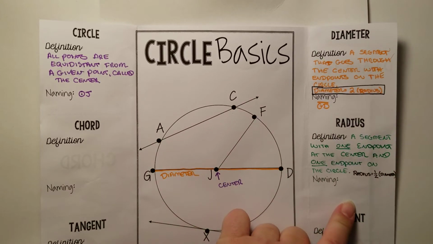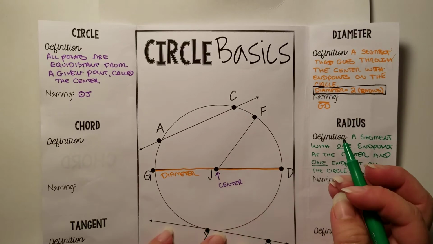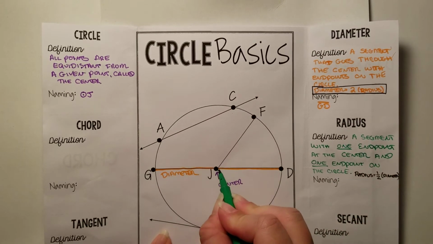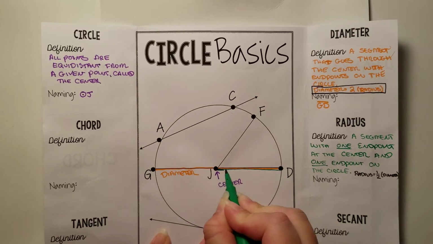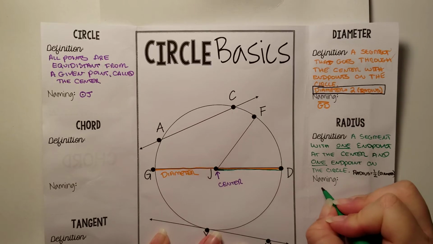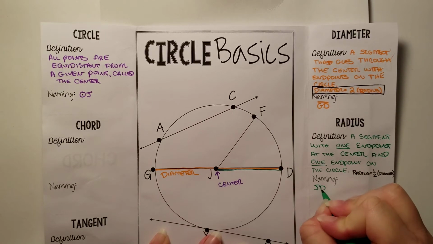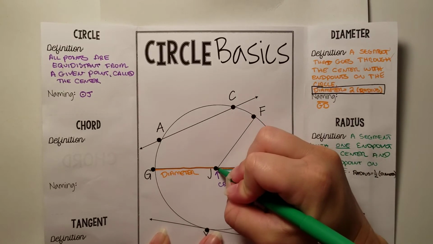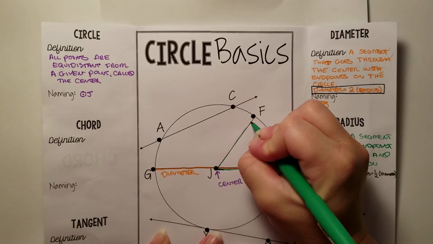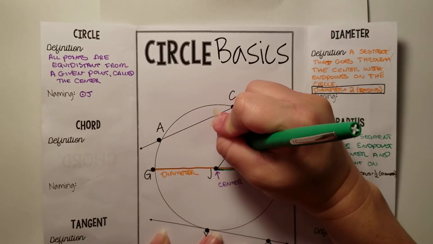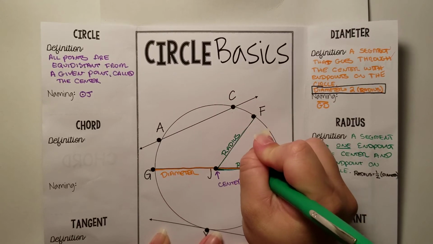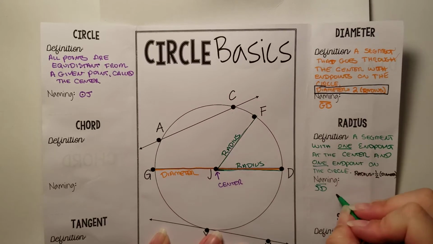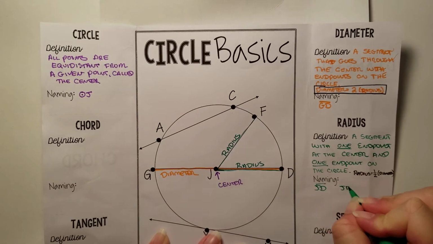Okay, so if we go back to our picture, we have, for example, JD, that is considered a radius. We also have segment out here, JF. I'm going to write that down as some notation.